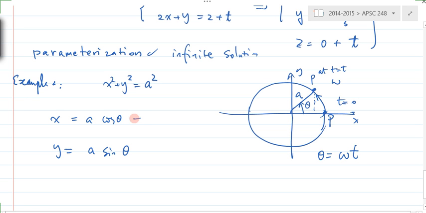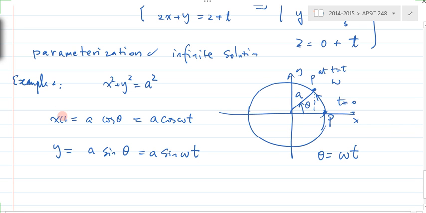Now, what we said is theta is omega t, so this is a cosine omega t, and this is a sine omega t. Look at that. This is x and y in one expression. So what we just did is we end up with two expressions, x is a function of t, and y is a function of t.